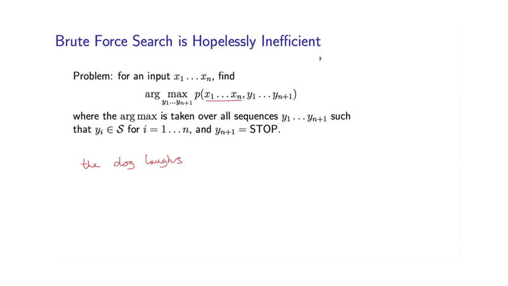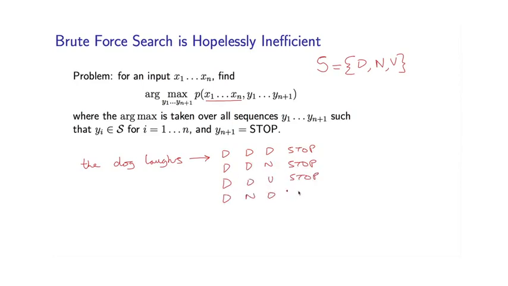And let's say that S, the set of possible part of speech tags, is of size just 3, so we have D, N, and V, for example. Then I can list all possible tag sequences. So here goes. We have D, D, D, STOP, D, D, N, STOP, D, D, V, STOP, then D, N, D, STOP, and so on and so on.